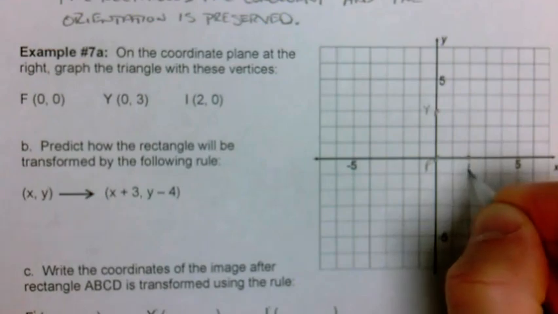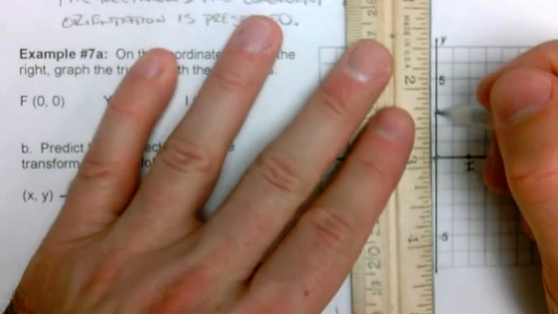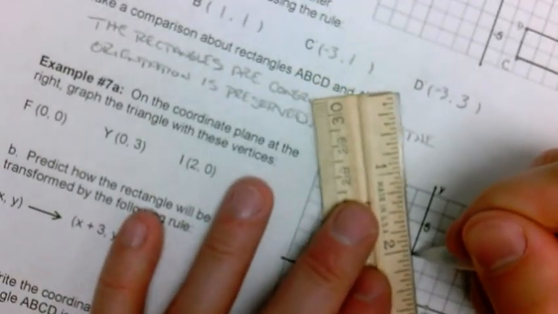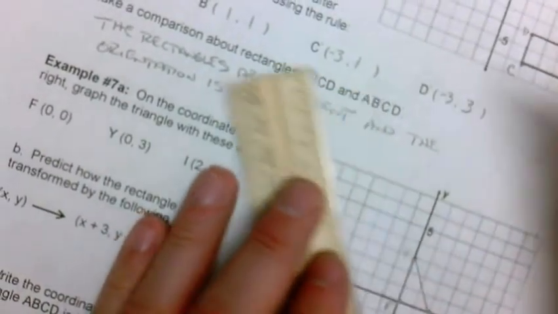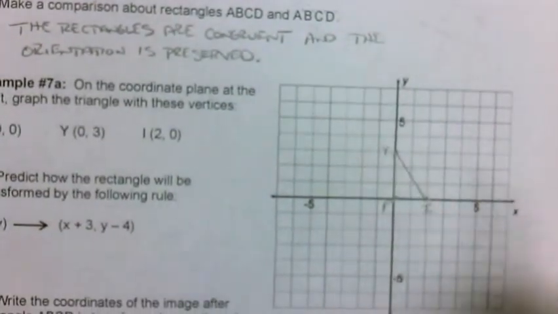F, Y, and I. So let's go ahead and connect those. Okay, and this is going to be a right triangle. When I plot all of my points here and connect them, there we have it. Okay, we have a right triangle, FYI.